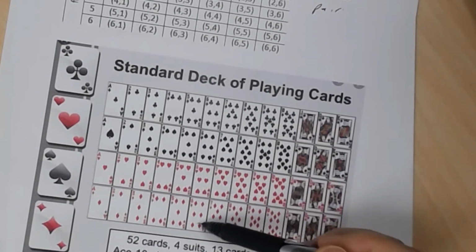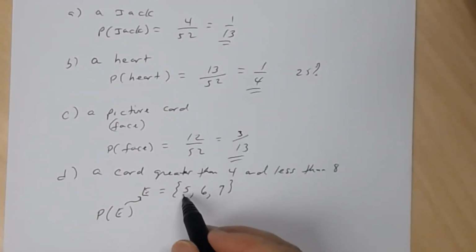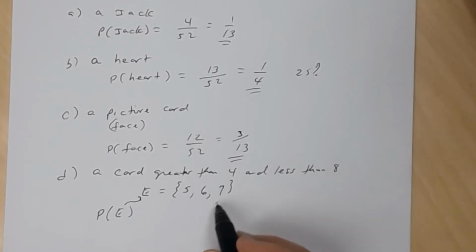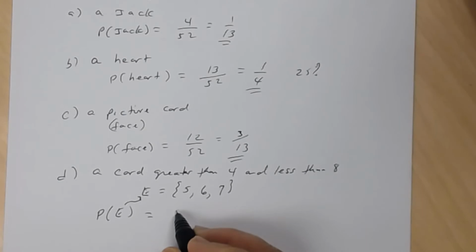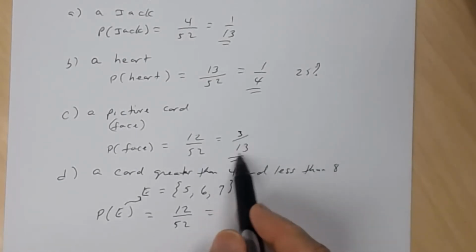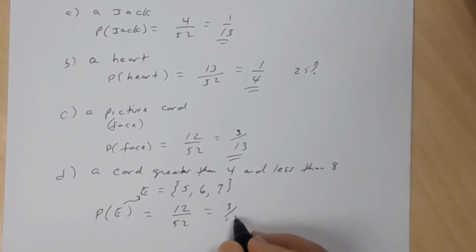That's 3 times 4, which is 12. There are 12 of those, y'all agree? So it's 12 divided by 52, which is 3 divided by 13.